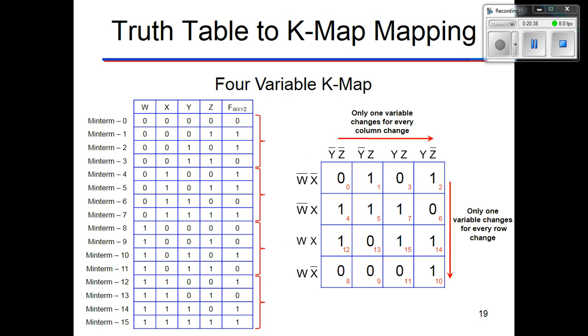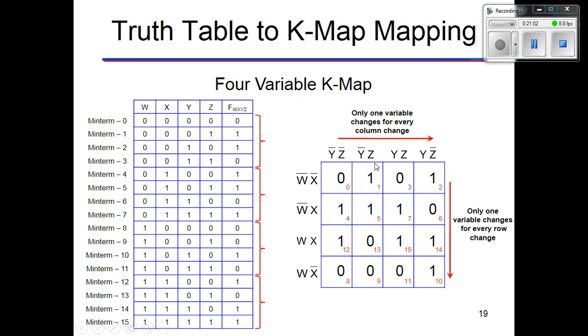Do I have a group of 4 or a group of 8? I don't, right? I don't even have a group of 4 because the group of 4 has to be adjacent to each other. This is not a group of 4, right? So what I do have is a bunch of groups of 2. So let's see how they go.